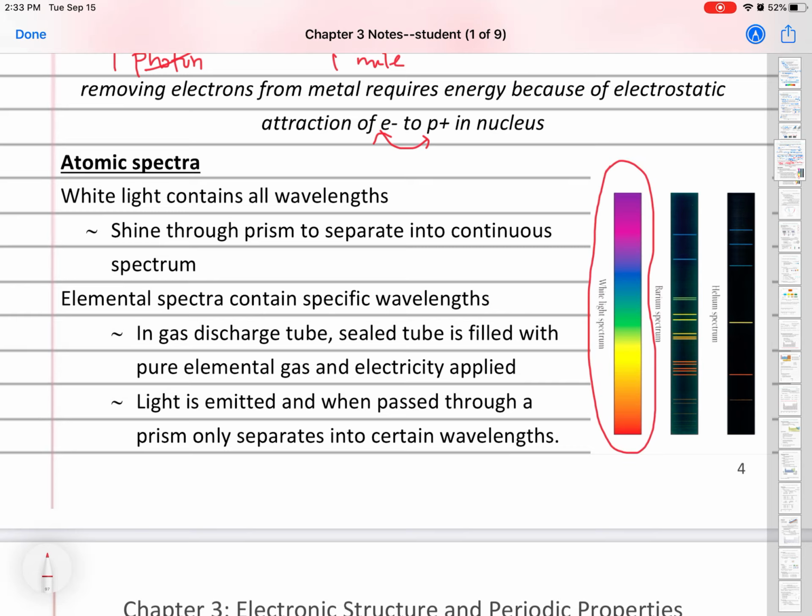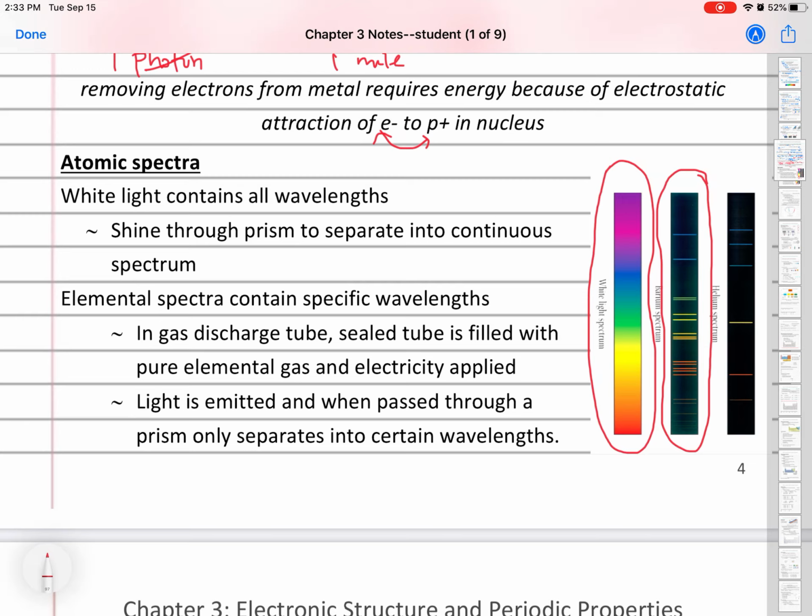But if you take an element and you excite it with electricity and make it emit light, and then you shine that light through a prism, you don't get a continuous set of colors. You get discrete bands of color.